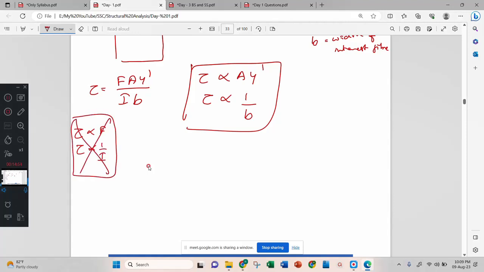Why? Because F and I are constant. Correct? Now we have two expressions here. One is tau is directly proportional to area and y bar. Then tau is inversely proportional to b.